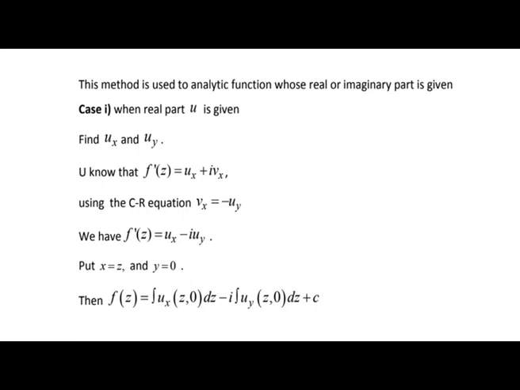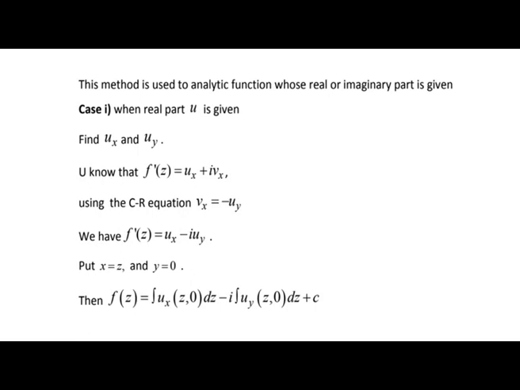Now, I have the derivative of a function f dash z, and now I have to find f of z. So, what do I do? I can just integrate this function with respect to z. But for that you have to ensure that your ux minus iuy, which is your f dash z, contains only the variable z. It should not be in x and y.